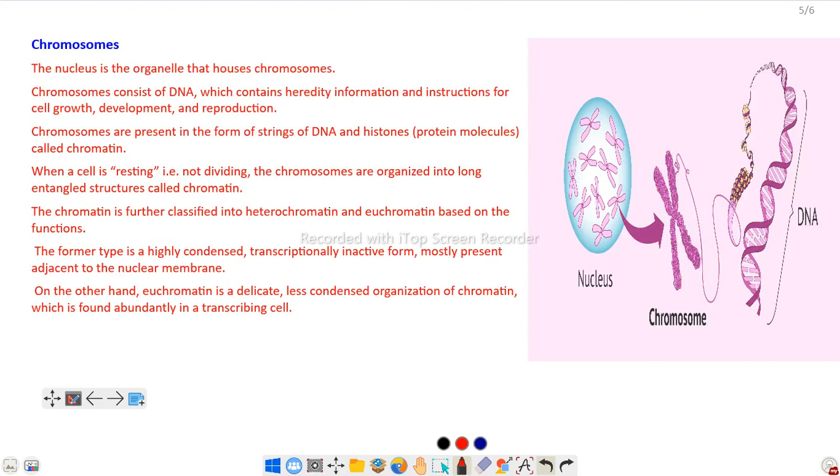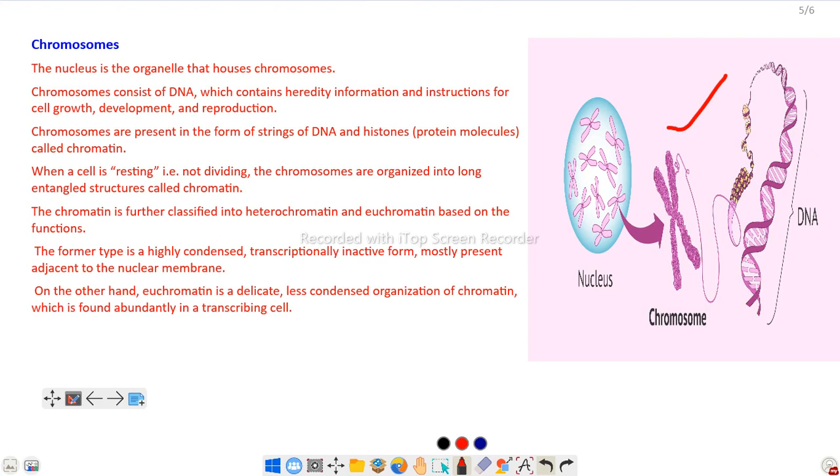Next is the chromosome. The nucleus is the organelle that houses the chromosomes. Here inside the nucleus, chromosomes are present, and this is the short view of a single chromosome, and from the chromosome these are the DNA. Chromosomes consist of DNA which contains hereditary information. We all know DNA is genetic material, carrying genetic information with the help of a protein known as histone, and instructions for cell growth, development and reproduction.